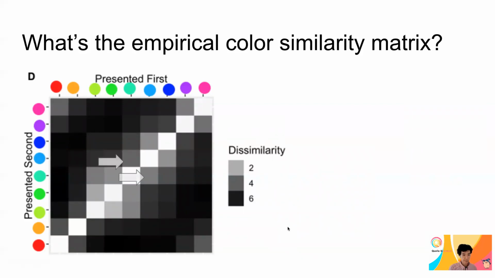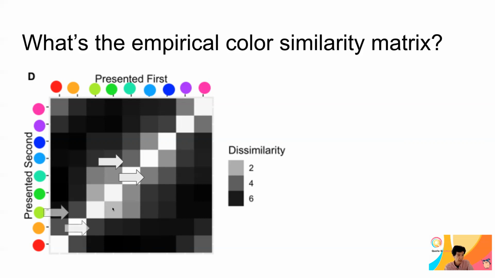But if you look at this very carefully, it turned out that, for example, after showing this bright green, if you are shown the sky blue, you tend to give a dissimilarity of maybe 4 or something like that. But if you see sky blue first and then this bright green, it feels more dissimilar, so the dissimilarity of 4 becomes 3.